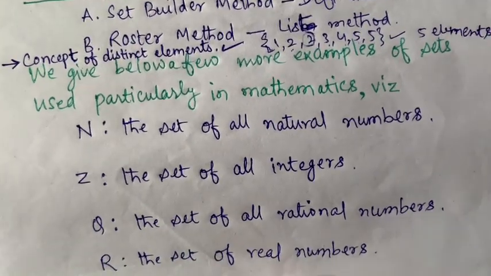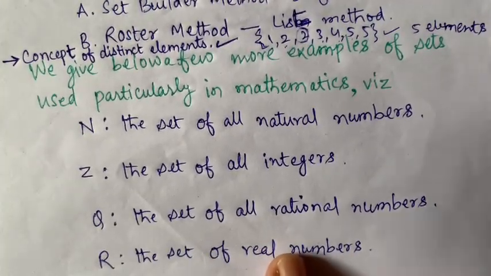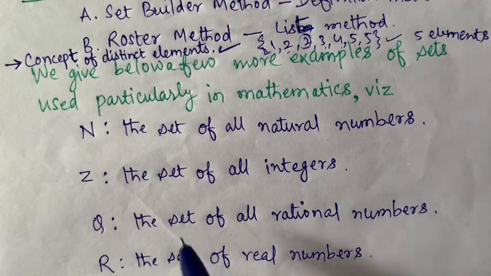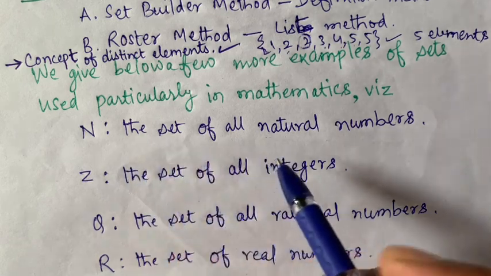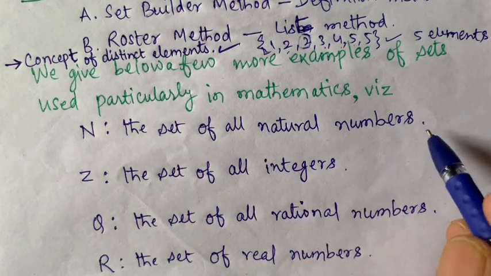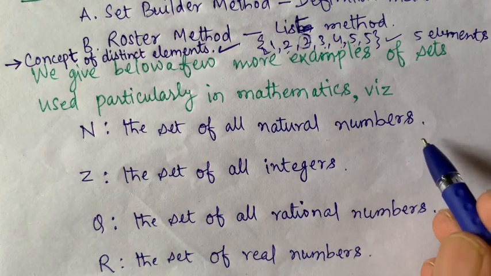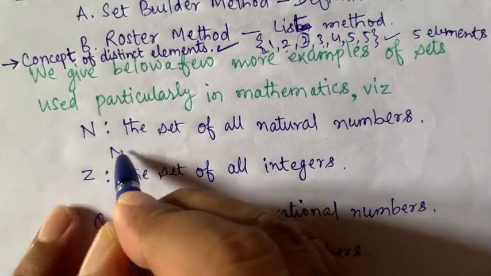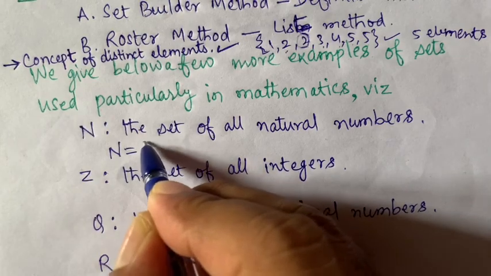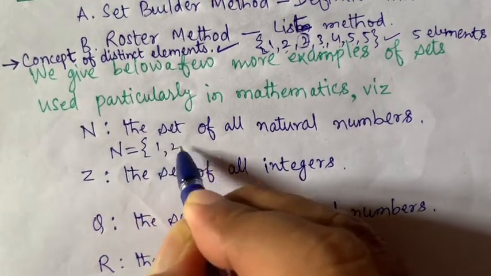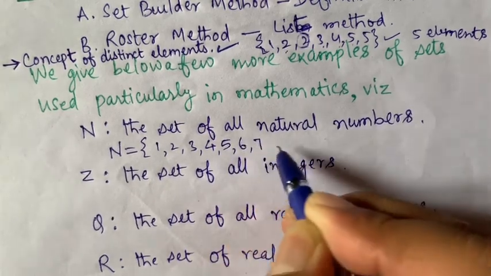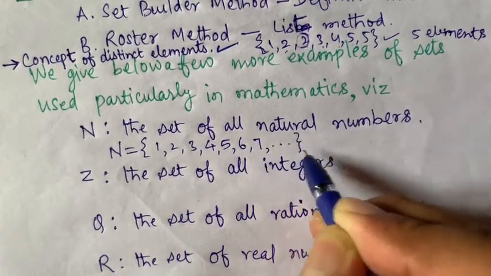What do natural numbers mean? Natural numbers are used to count things. Actually these were the first group of numbers which were invented, and when we write it in roster form, it will be like 1, 2, 3, 4, 5, 6, 7 and so on.